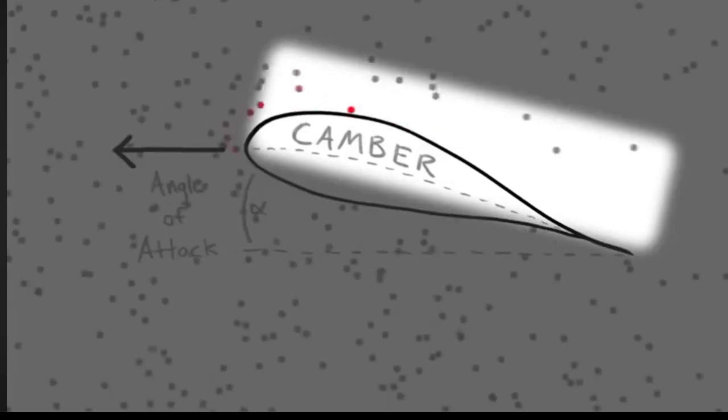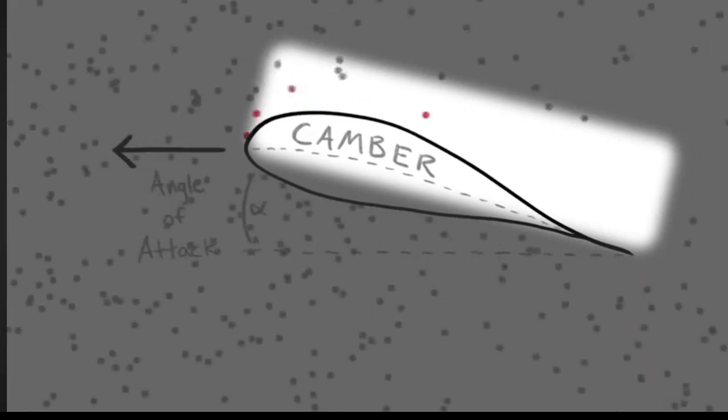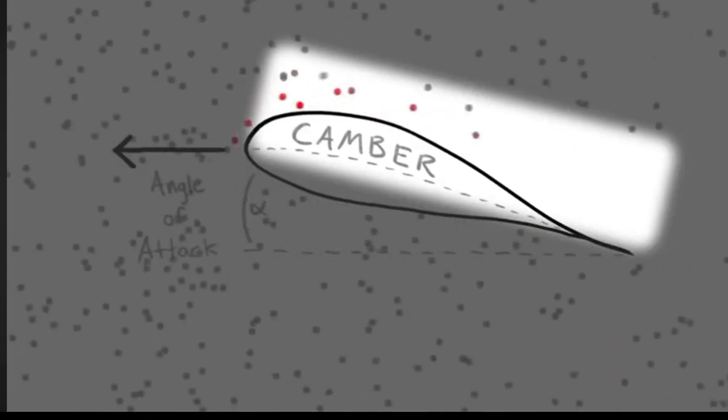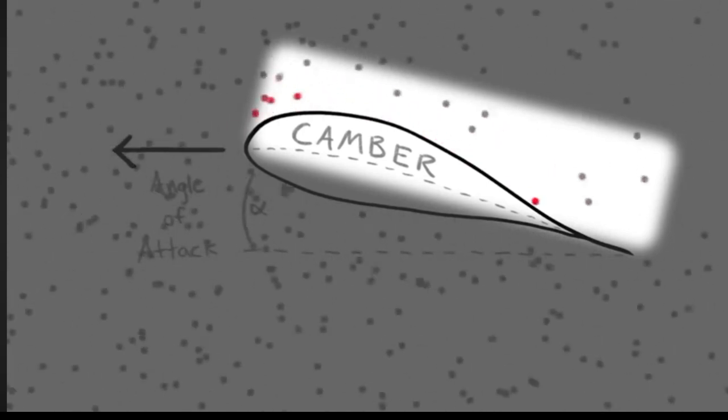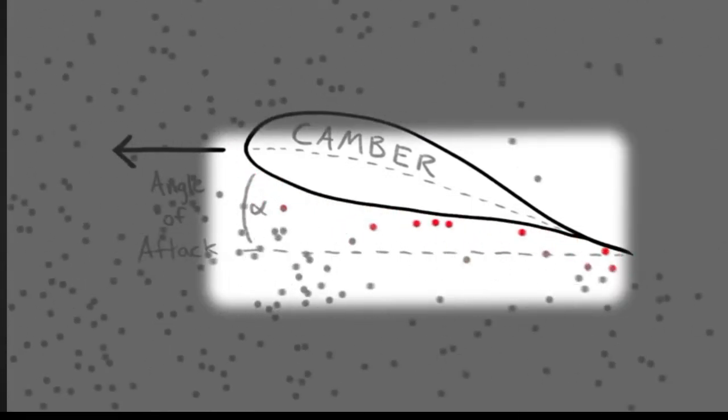As the plane moves forward, air flows under and over the wing. Due to the curvature of the top surface, air moving over the wings speeds up, reducing pressure according to Bernoulli's principle. Meanwhile, the air traveling underneath moves more slowly, maintaining higher pressure.